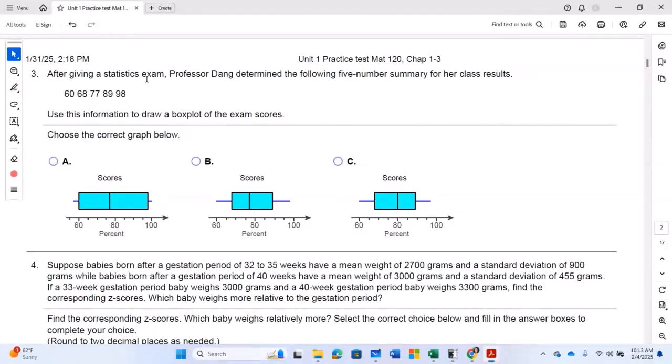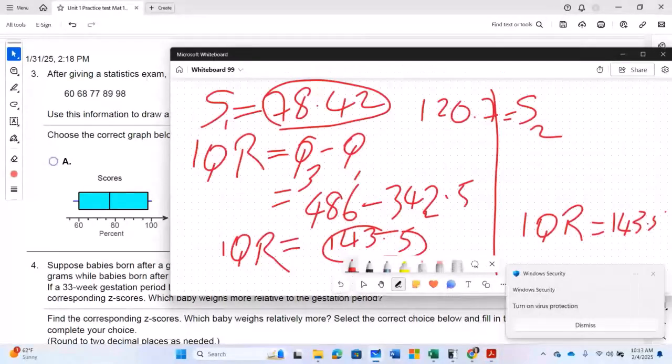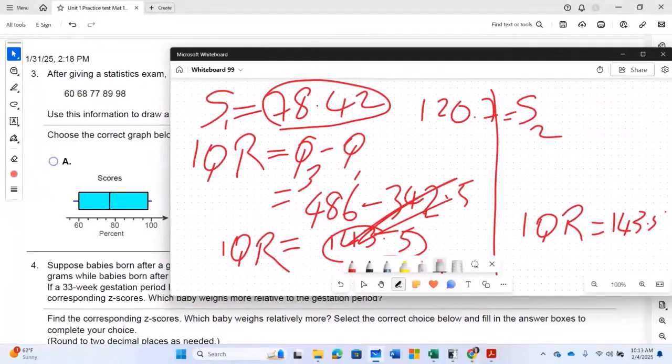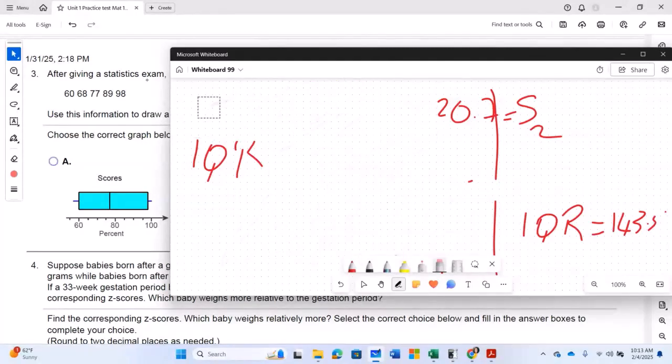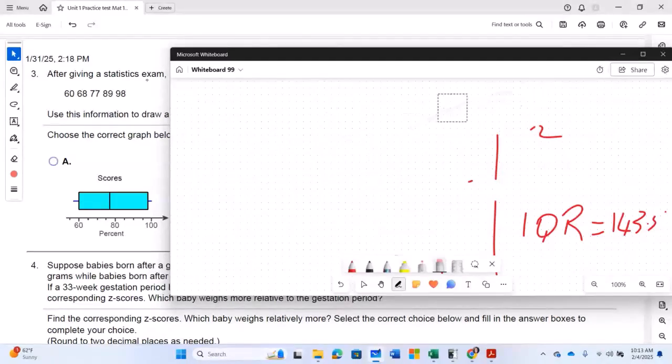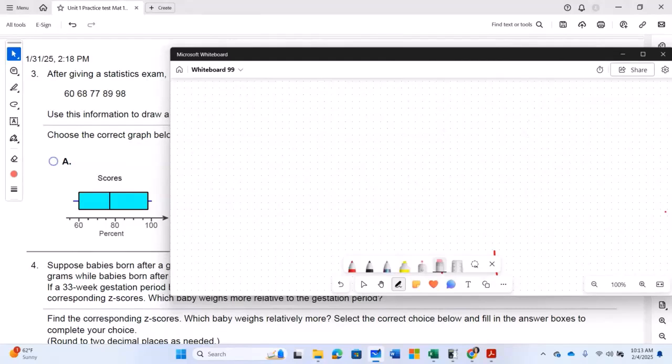I am going to make my own sketch a little bit somewhere here. All right. And I'm cleaning everything in the question here. So I'm using Professor Dang's 5-number summary to draw a box plot.